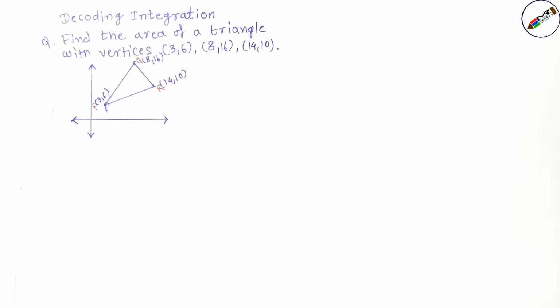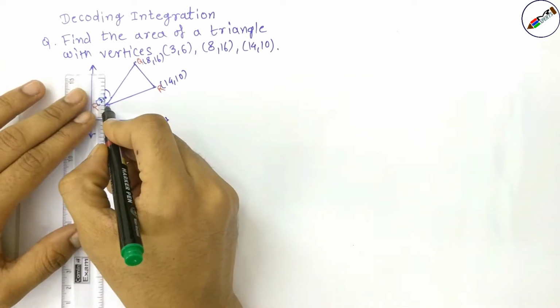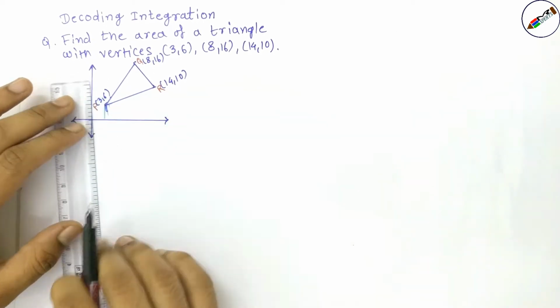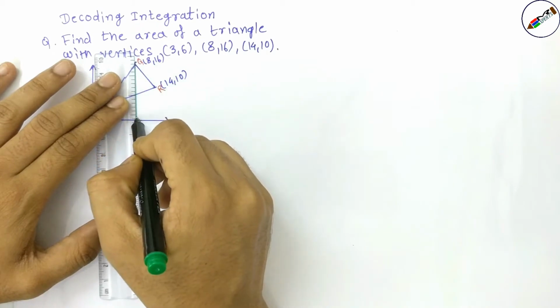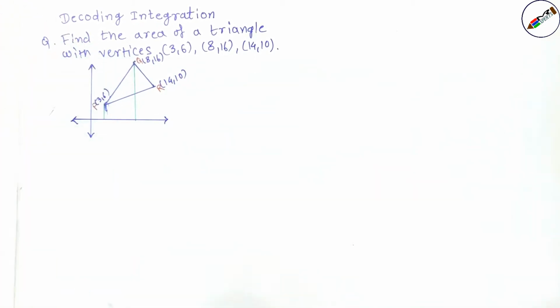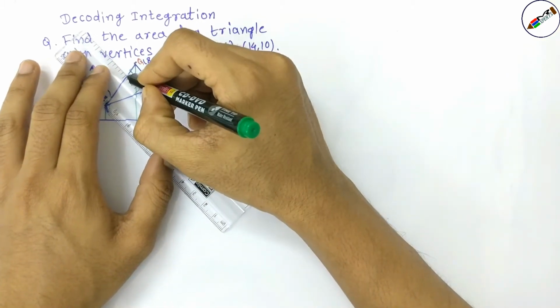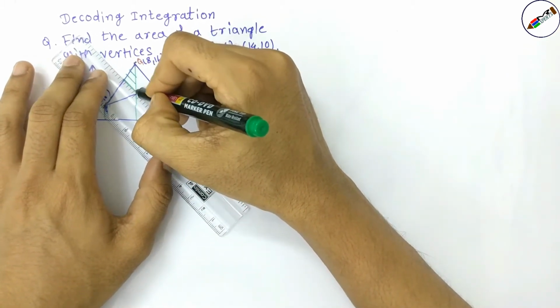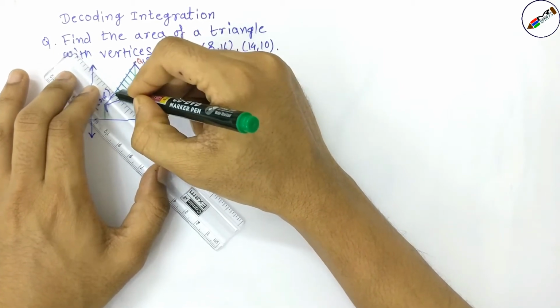So what we will do over here is we will draw the area under PQ. This is our PQ. I'll just drop down and let us shade this area. Let me shade the area with green pen. This will be our area A1.